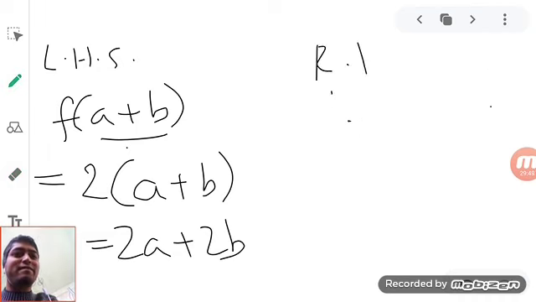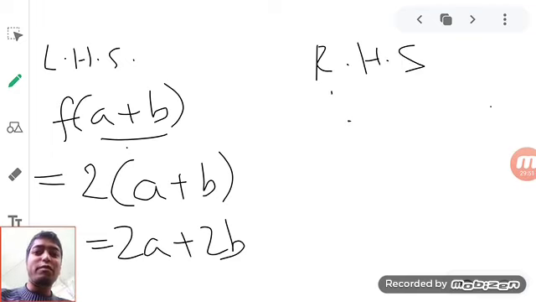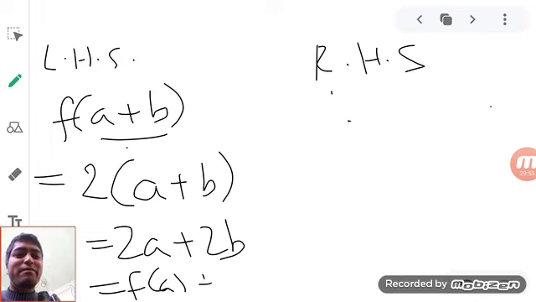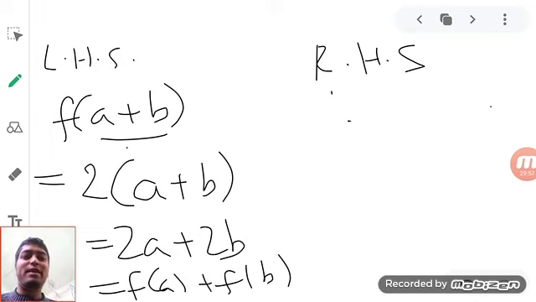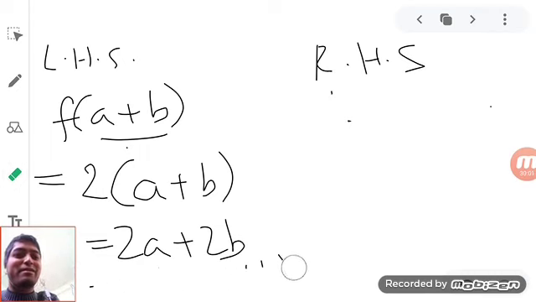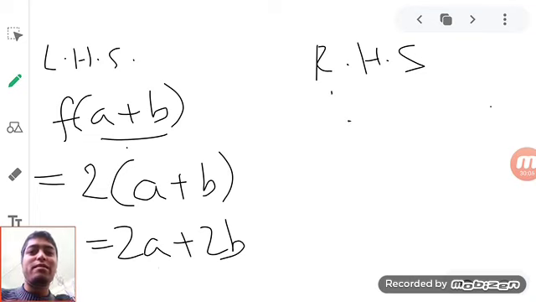Right hand side. For proving homomorphisms, even though you can immediately write down this one as f(a) plus f(b), this works for this one, but why am I starting from the right hand side? Because sometimes it is very difficult to go from the left hand side to get it equal to the right hand side straightforward. That is why we have to start from two sides separately.